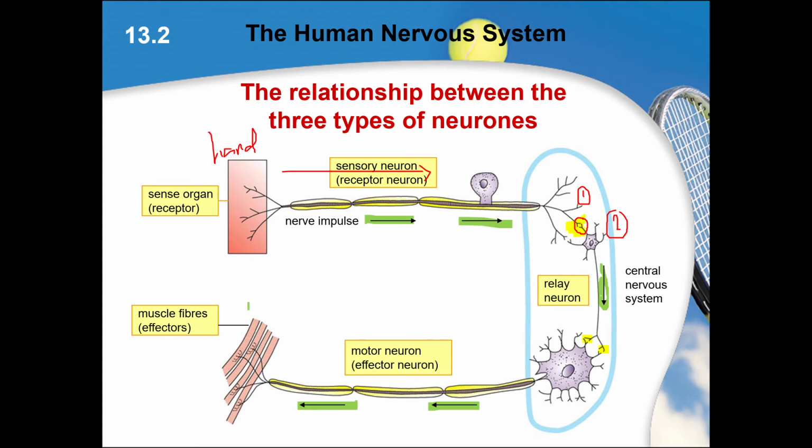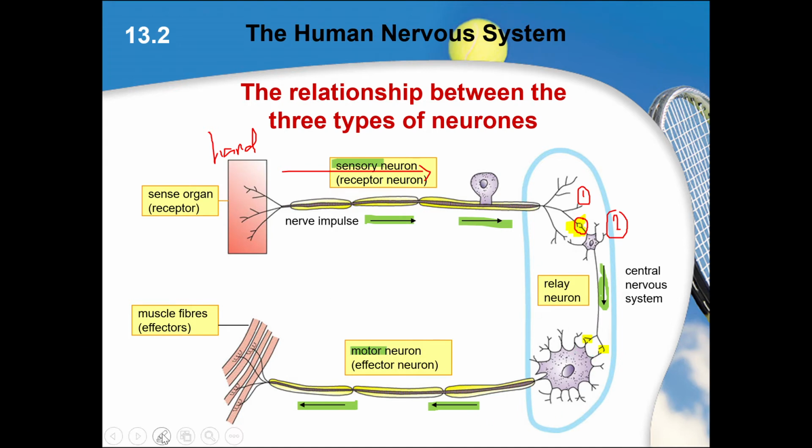So if you were to look and observe this picture over here, you will see that there are very, very distinct differences between a sensory neuron and a motor neuron in terms of the appearance of the cell bodies, for example, as well as the length of the axons and the dendrons.